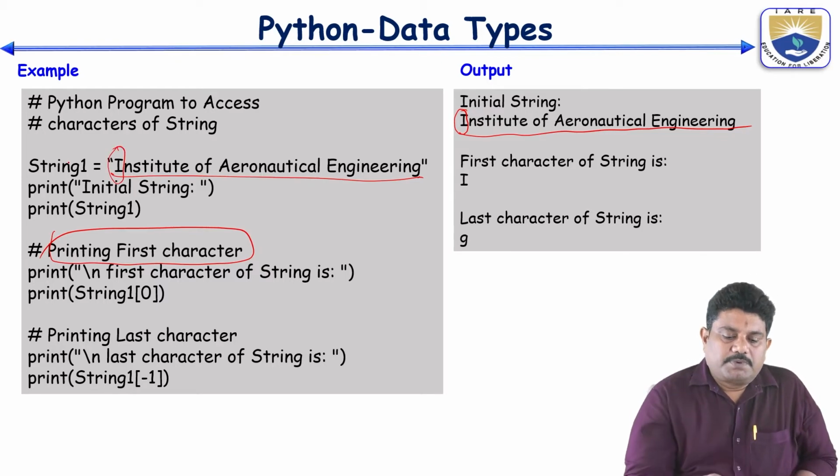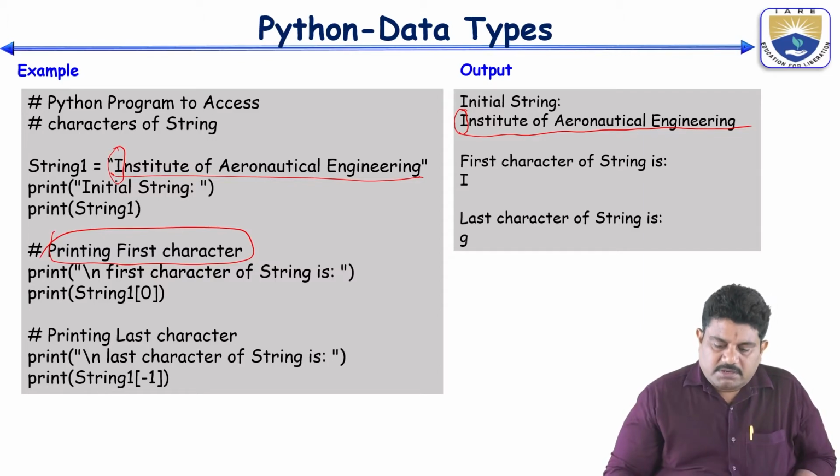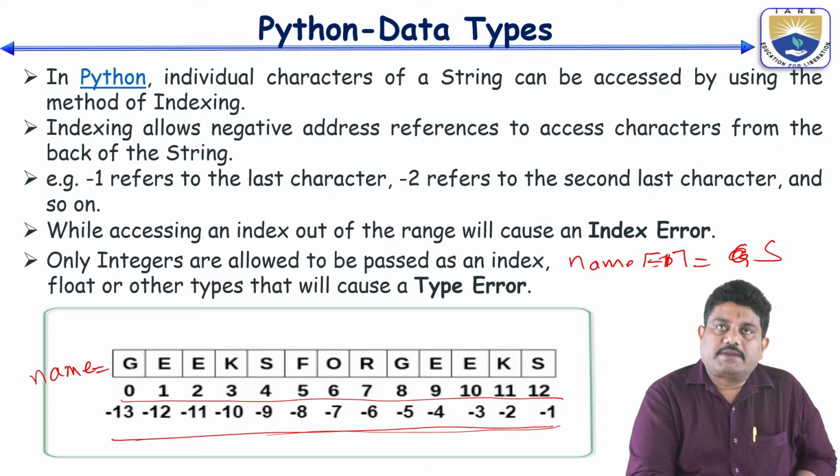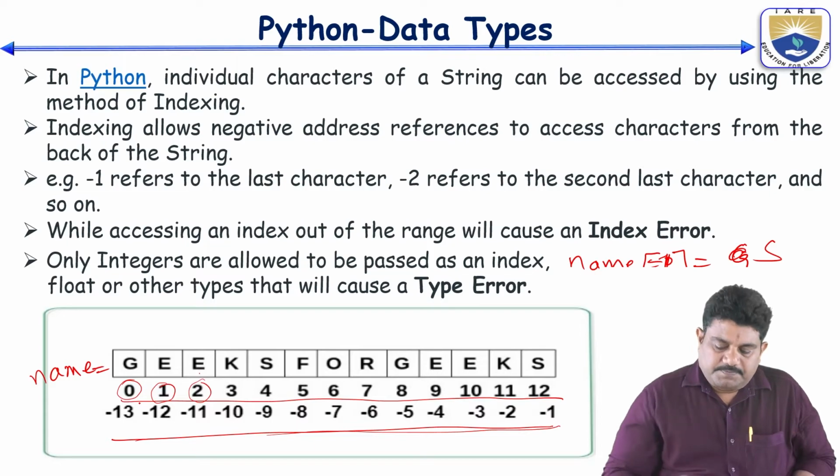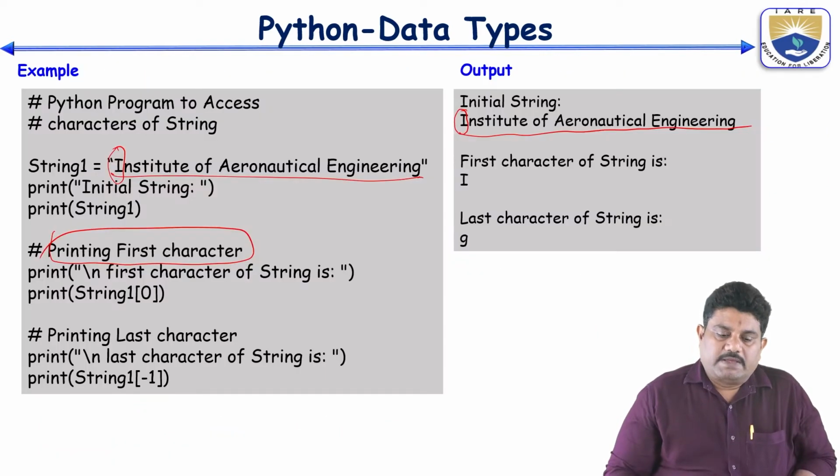So if I want to print the first character of the string, I need to know the index of the string. Here we have the first character of the string indexed at 0. Second character of the string is indexed at 1. Third character of the string is indexed at 2. Like that, we can make index values.